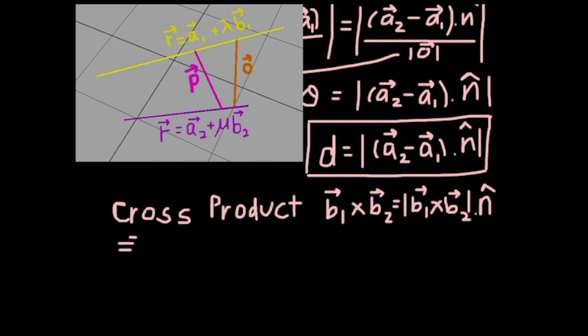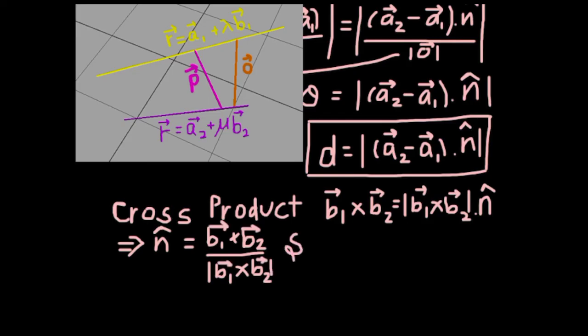Now the cross product of b1 and b2 gives the p vector, because b1 cross b2 means we find the vector which is perpendicular to both b1 and b2, indicated by the p vector.